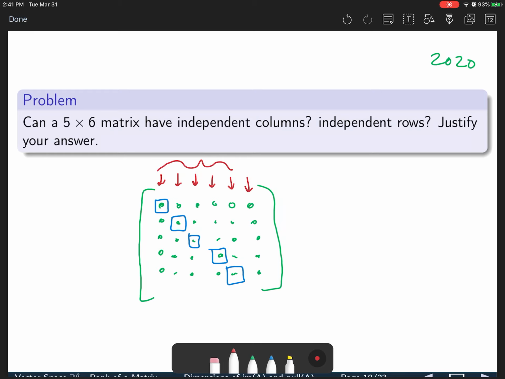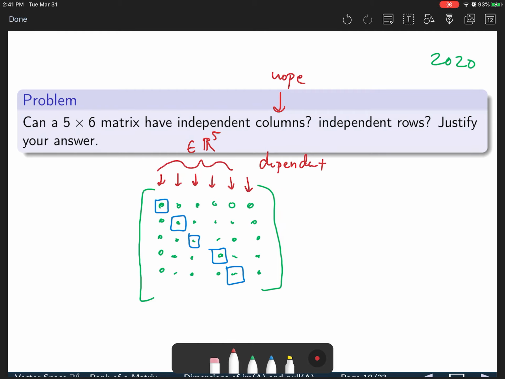We're already spanning a 5-dimensional space there, and these vectors are all elements of R5, right? Because they're 5 components long. And so this last one necessarily makes all of the columns dependent. So, nope to that question.